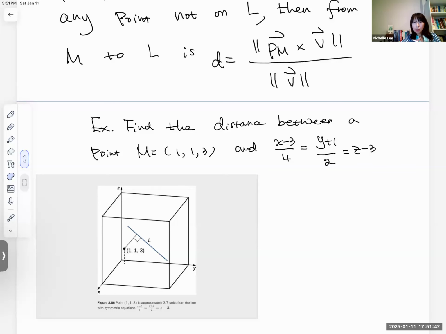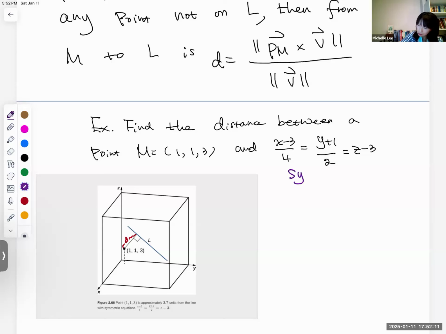Okay, let's do this example. Find the distance between point M and the line. M is here, and the line is here, right? M is not on the line. So what is the distance? We want to find the distance. Okay, so we have a symmetric equation.